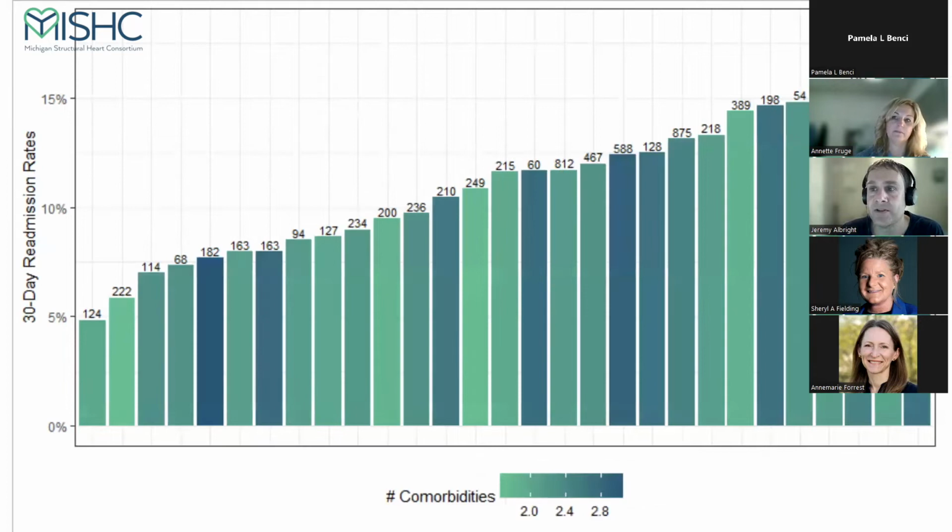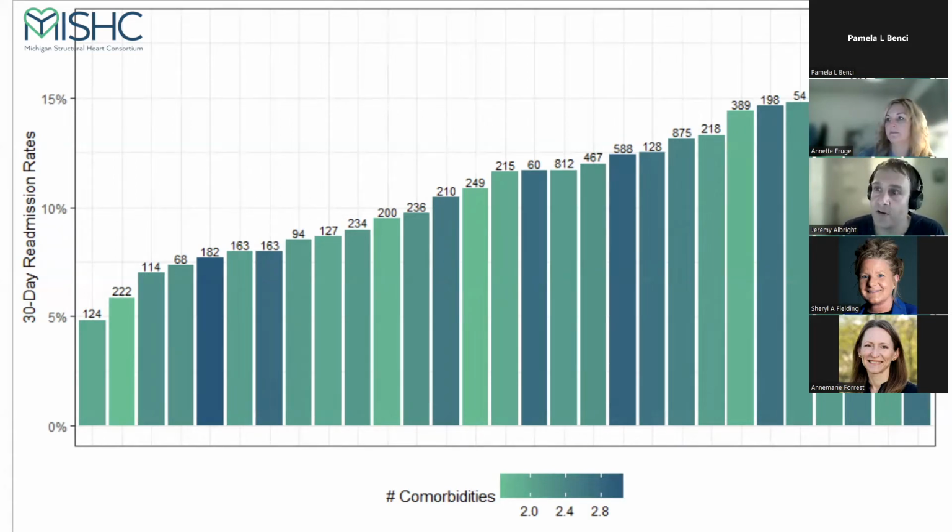The other thing that I was saying is that the patient mix in terms of complexity also varies from one site to the other. So what I've done with this graph here is it's the same graph as before, but I've taken a number of common comorbidities that patients present with, and I added them together and calculated the typical number of comorbidities amongst this set that the typical patient presents with.